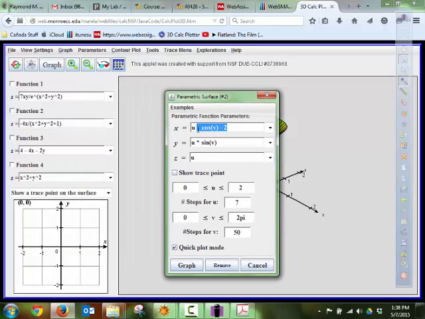So x is equal to just r, which is what we're calling u, and this is the cosine, and this is the sine. Yeah, maybe.